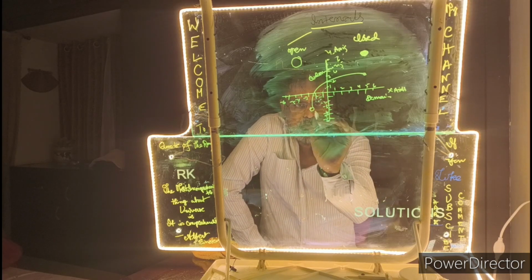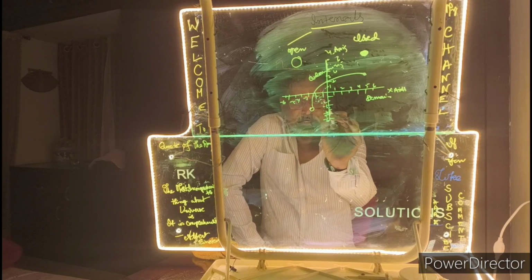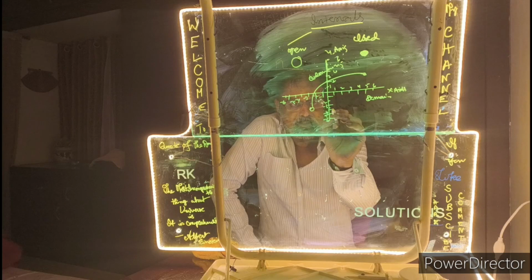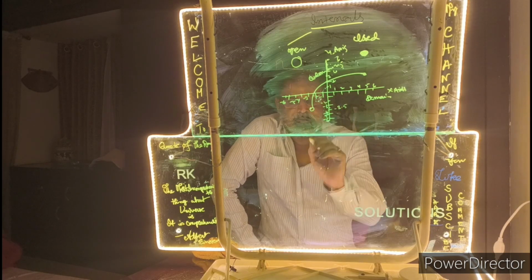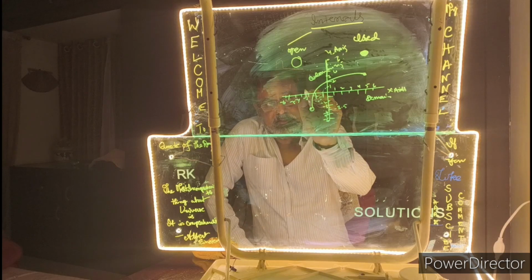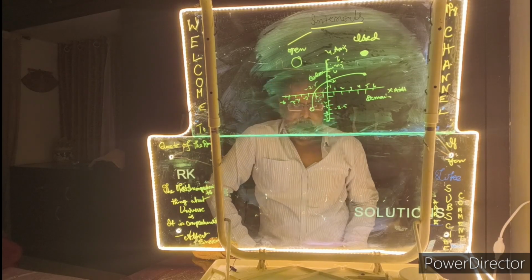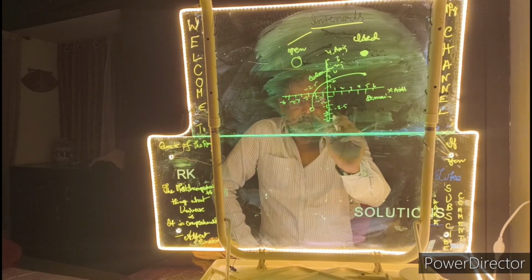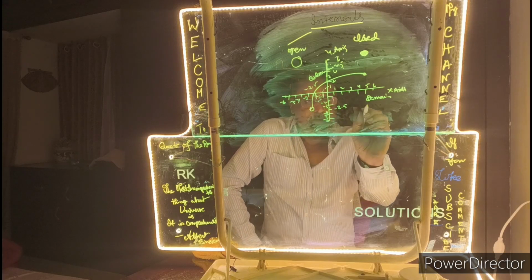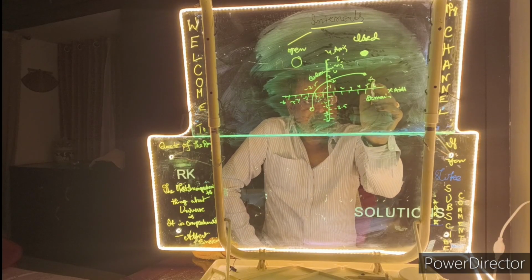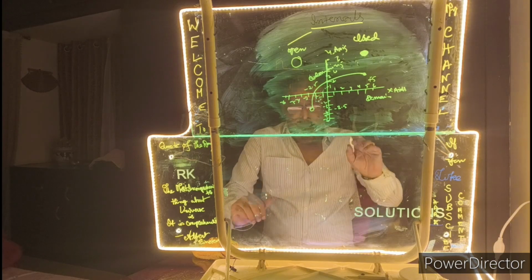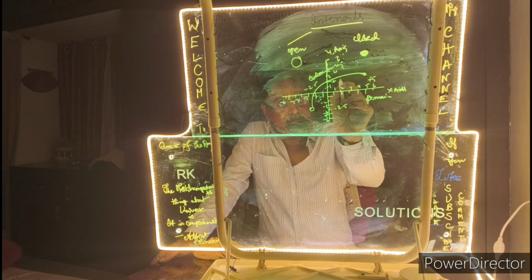What are the values of the x and y here? Here x is 3.5, minus 3.5. Here it is minus 2.5. The negative part of x, positive part of x is plus 5. Positive part of y is plus 2.